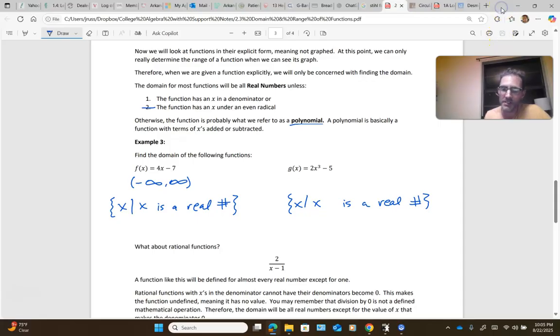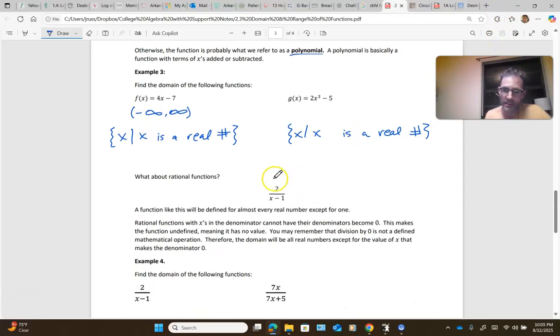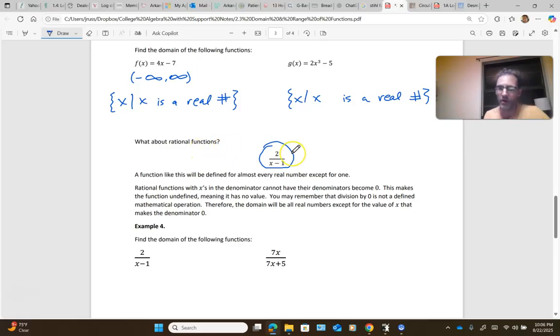Now, the exception to this is going to be a function like this one. This is what we called a rational function. And if you remember, guys, we cannot divide by 0. Anytime you try to divide a real number by 0, there does not exist another number.